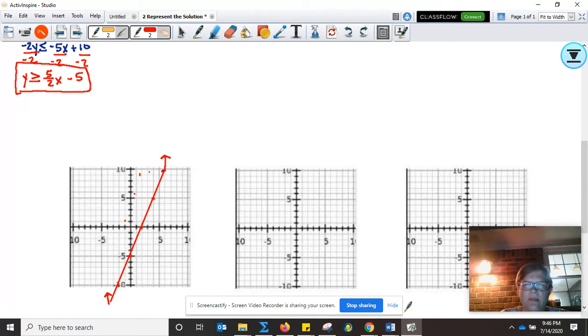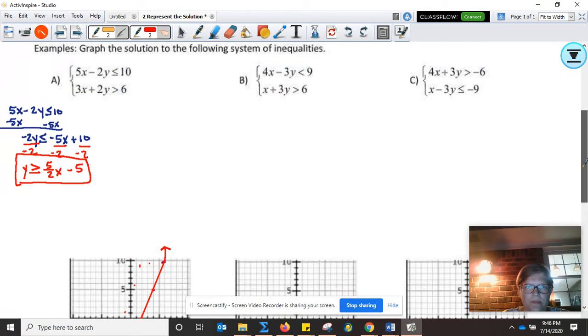Okay, now for my second equation. I have 3x plus 2y is greater than 6. So to solve that for y, I'm going to subtract 3x.